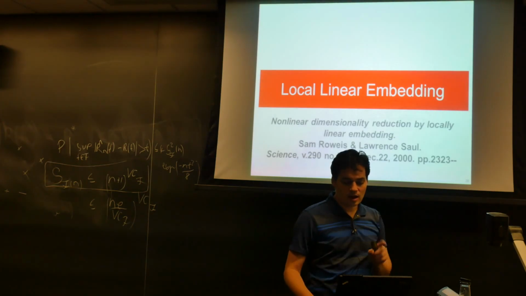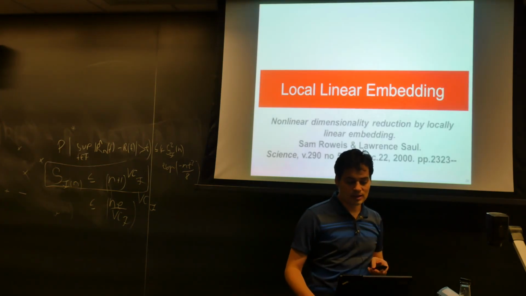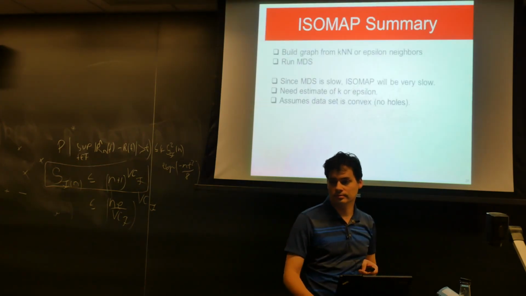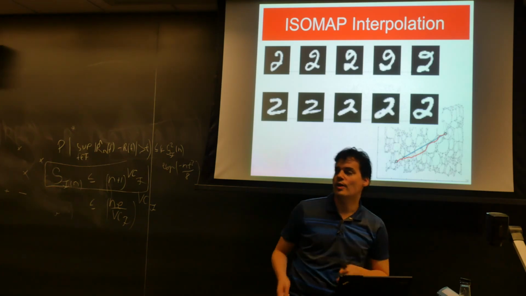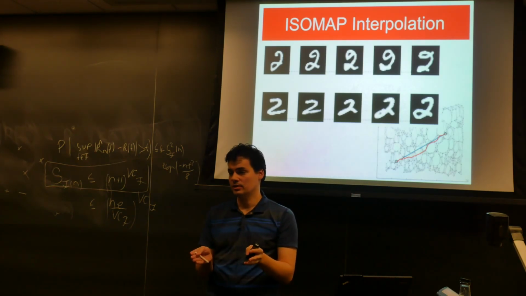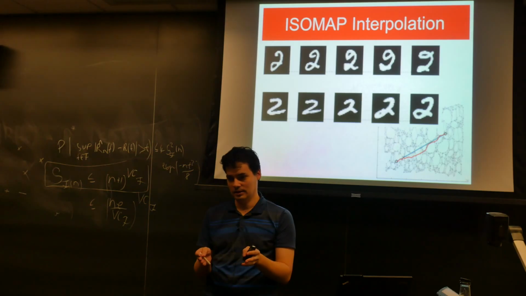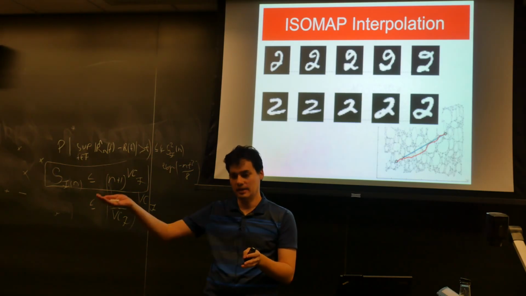All right, so another algorithm I want to show very quickly because that's famous. If the distances are big, how do you do nearest neighbor? Except for your nearest neighbors, the other distances are very big.